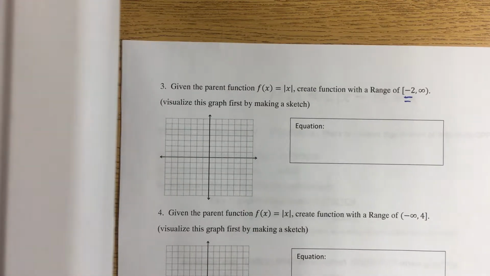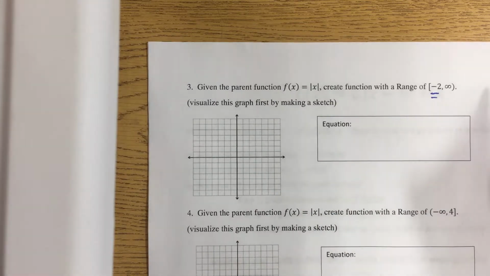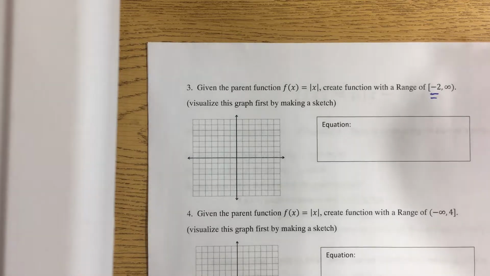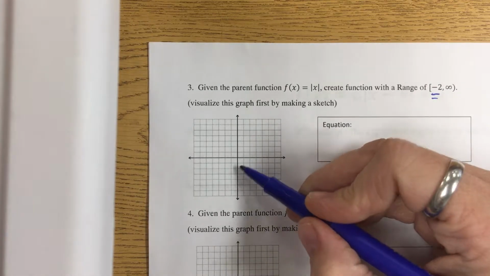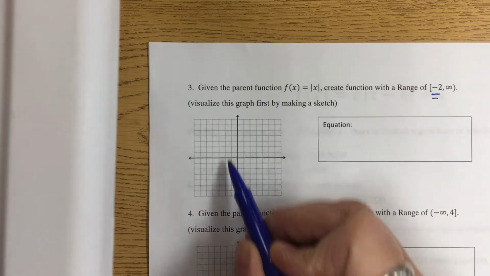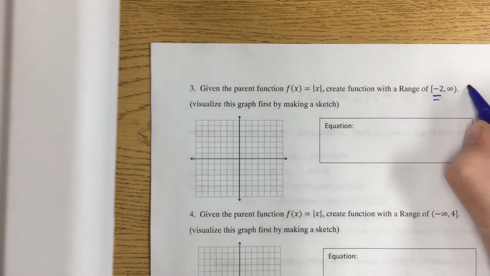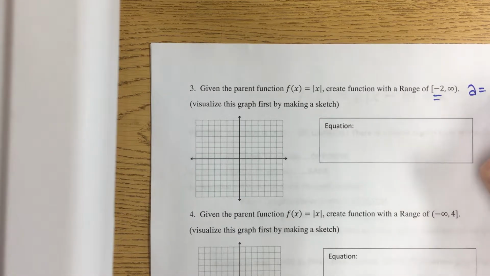So if the lowest value I can get is negative 2, it's going to go from negative 2 in my y values, and it's going to go up.